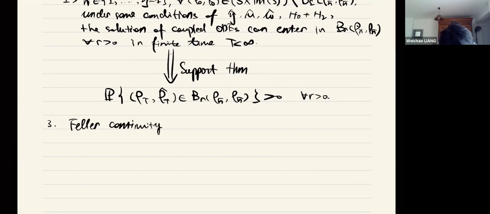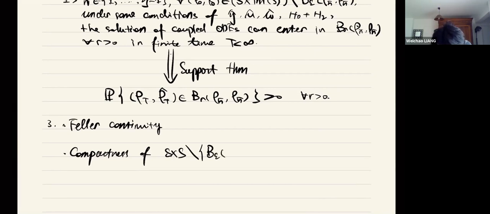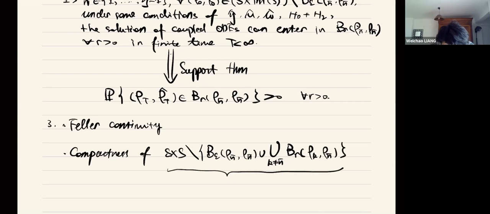And the solutions, the compactness of the complement of some neighborhood of all the equilibria, we denote this space as gamma R bar.